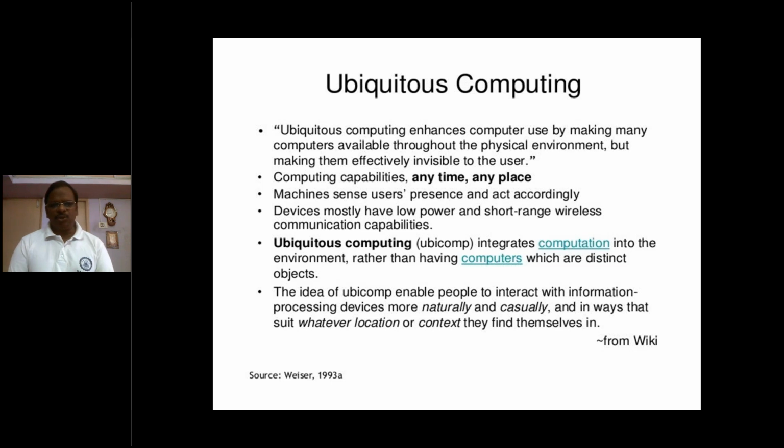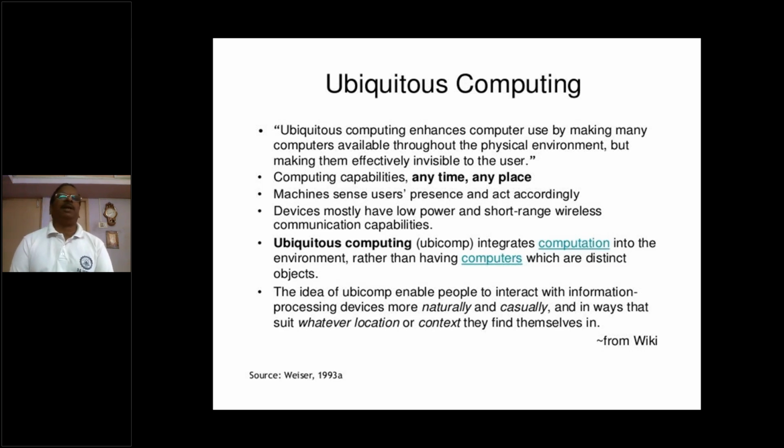Machines sense users' presence and act accordingly, so machines are used for present actions and present information extraction. Devices mostly have low power and short-range wireless communication capabilities, because mobile communication is part of this kind of computing. Therefore, this computing integrates computation into the environment rather than having computers as distinct objects.